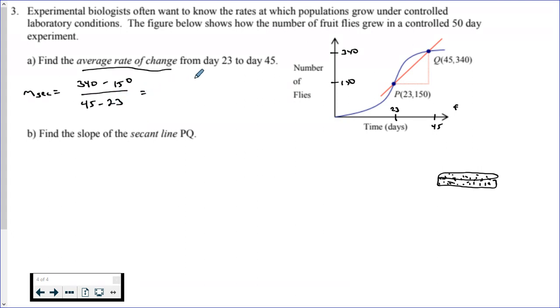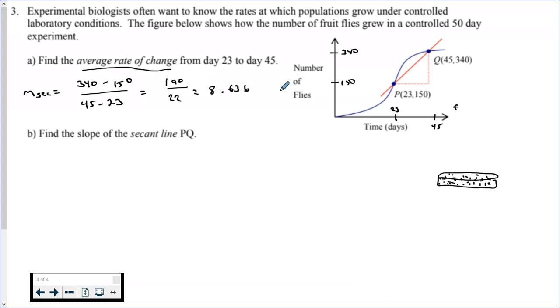So let's see, 340 minus 150 is, I hope to God, 190. 45 minus 23, 22. All right, go ahead and chuck that in your calculator if you want. If you do that, you get 8.636. Remember, we always want to be accurate to 3 decimals in this class.